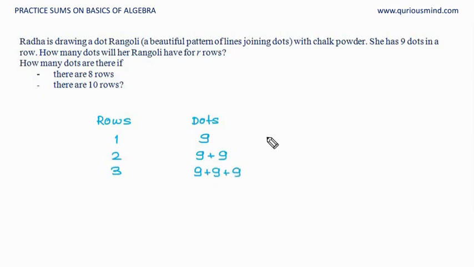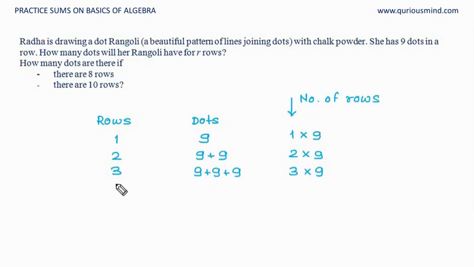These many dots. And that gives us the pattern: in 1 row she will have 1 into 9 dots. 2 rows, 9 plus 9, which is 2 times 9. 9 plus 9 plus 9, 3 times 9. And what is changing here? The number of rows is changing.